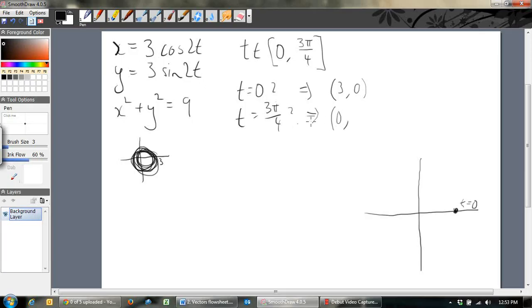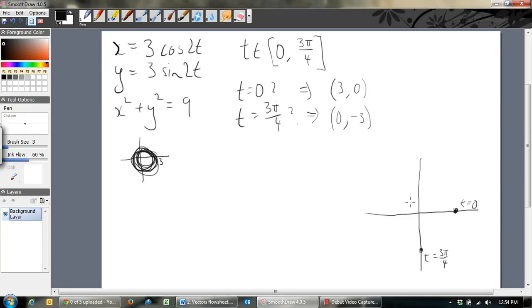So the x value is 0. Now the y value: sine of 3 pi on 2 is equal to -1. So 3 times -1 is -3. So when time's equal to 3 pi over 4, we're going to get this point down here.